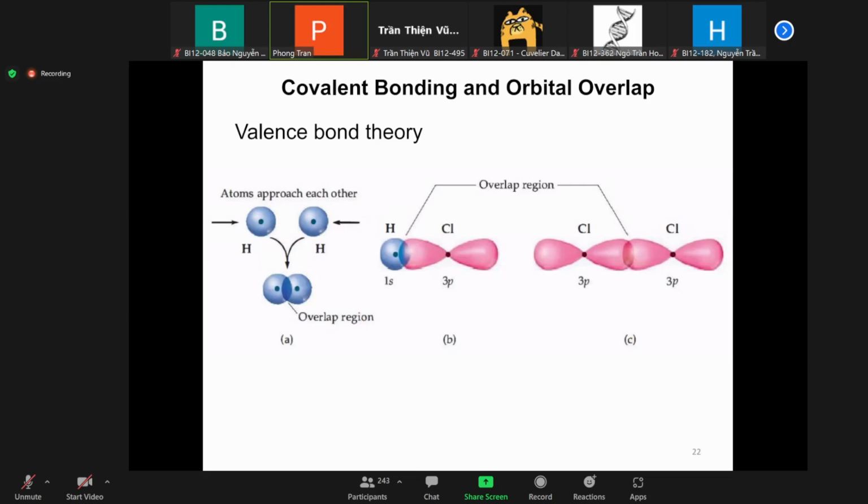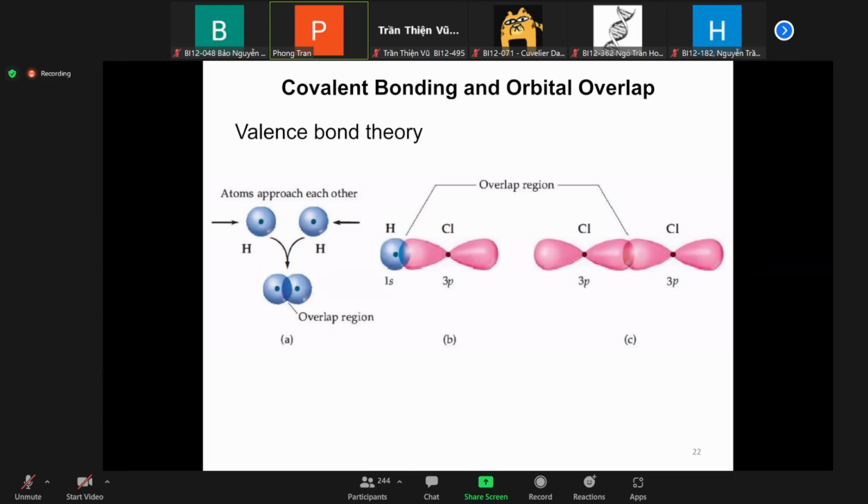And then the overlapping progresses to optimize all the different interactions. What could be the different interactions that should be optimized? You have one nucleus which is positive, another nucleus which is positive. And you have orbitals, so you have negative electrons here and another negative electron here.